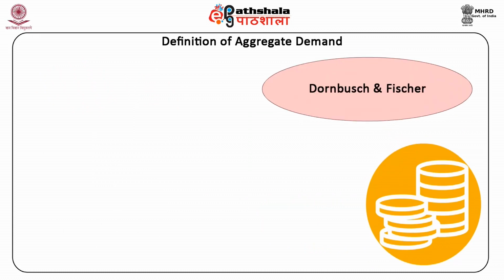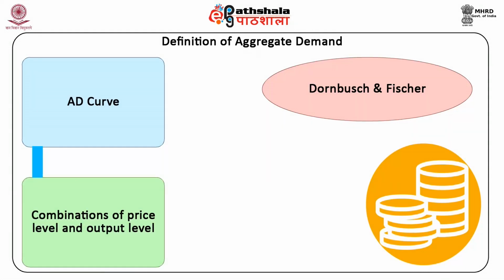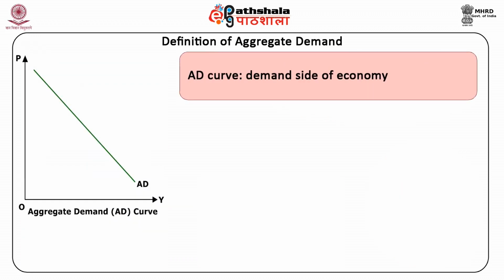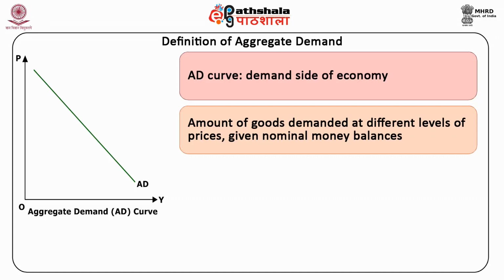According to Dornbusch and Fisher 1994, the aggregate demand curve shows the combinations of the price level and level of output at which the goods and assets markets are simultaneously in equilibrium. Aggregate demand curve shows the demand side of the economy and reflects the amount of goods demanded at different levels of prices given the nominal money balances in the economy.